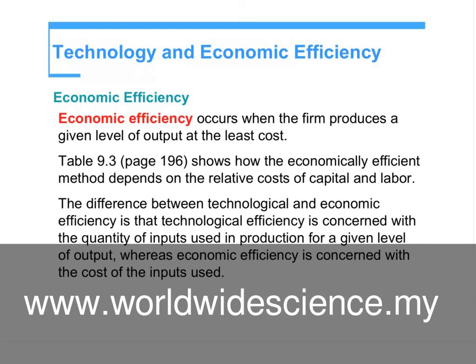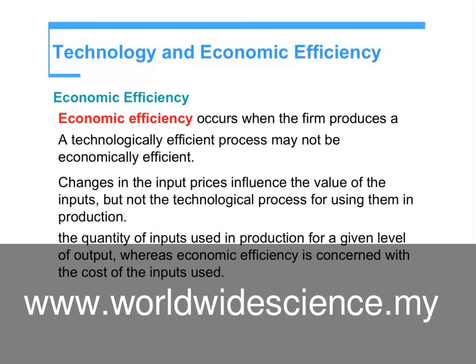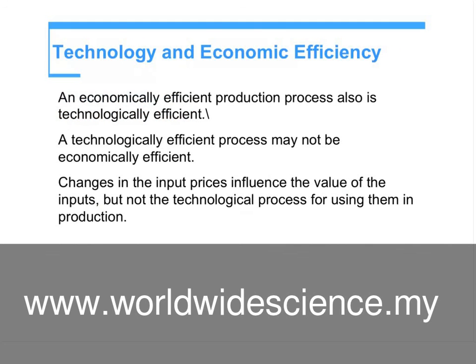Then we go to the next slide. An economically efficient production process is also technologically efficient. So it's safe to say that when a process is economically efficient, it is also technologically efficient. But a technologically efficient process may not necessarily be economically efficient, because for technological efficiency, all we need is input and output. So there might be some cost difference.